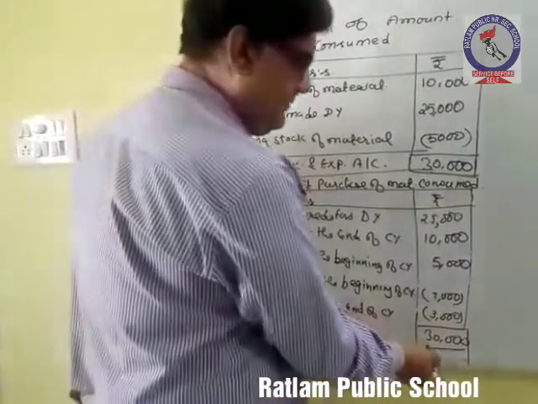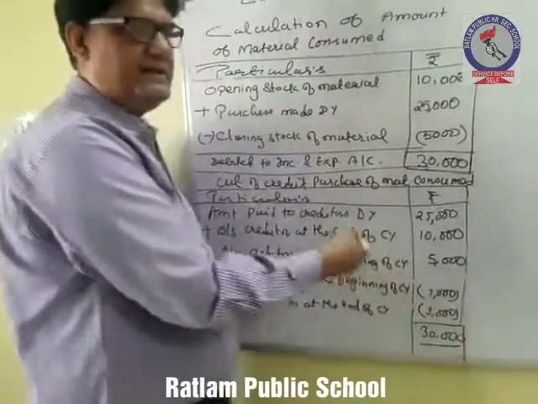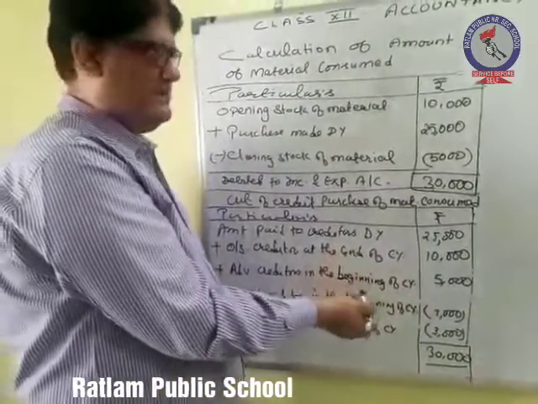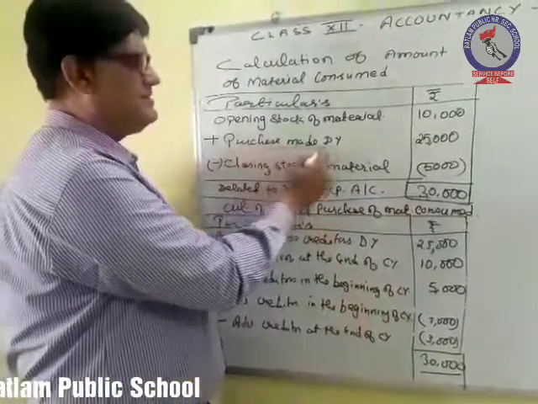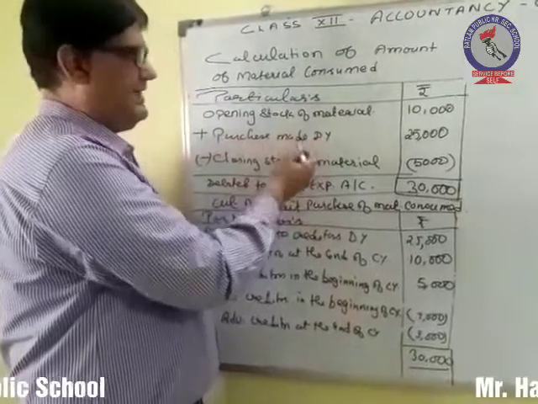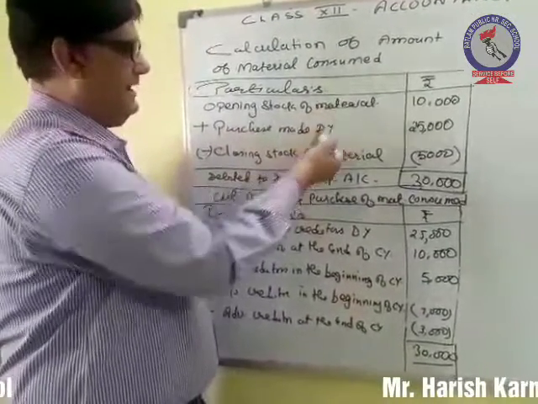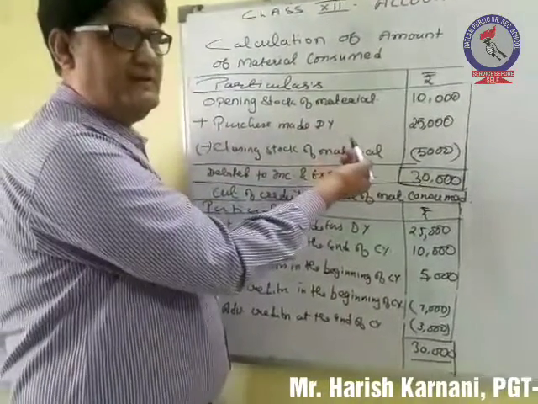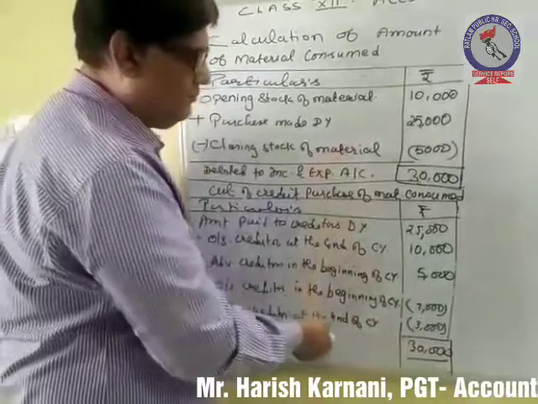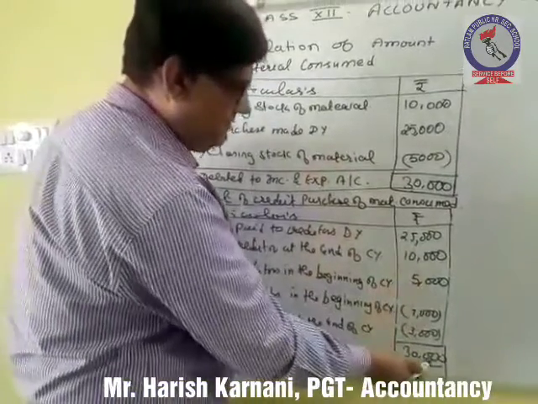Now with this credit purchase, you can add the cash purchase which is given. Then it becomes the net purchase made during the year, and then opening stock will be added and closing stock will be subtracted. So in this case you have to go for this calculation also.